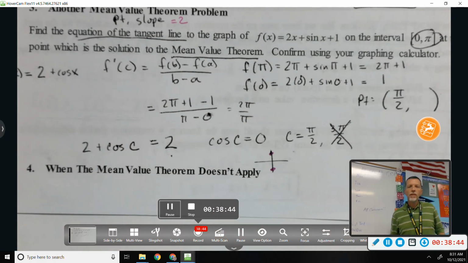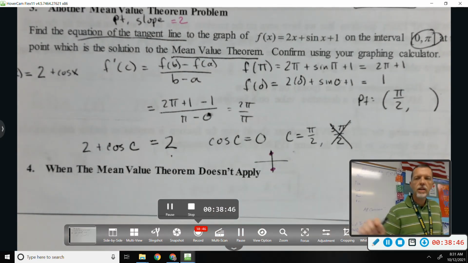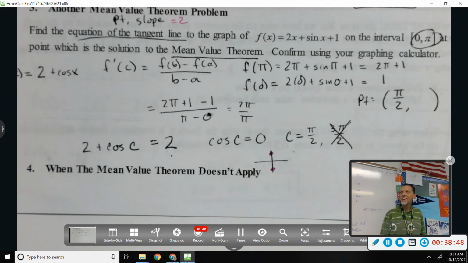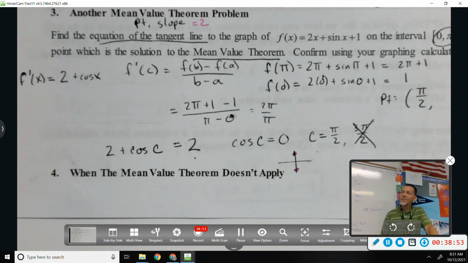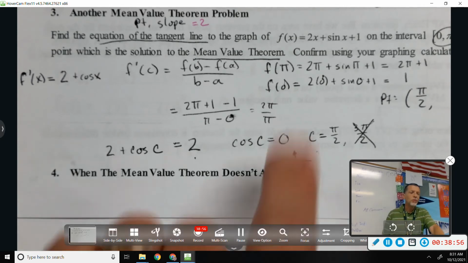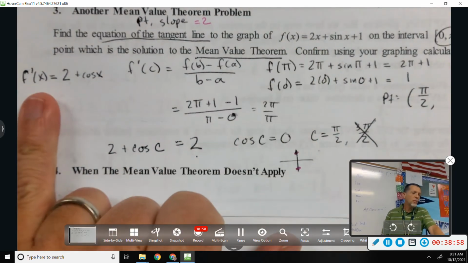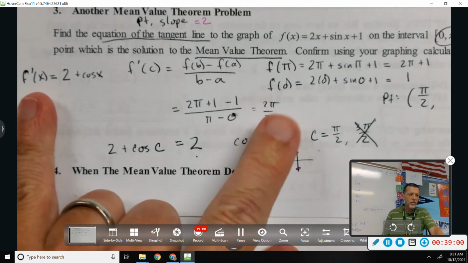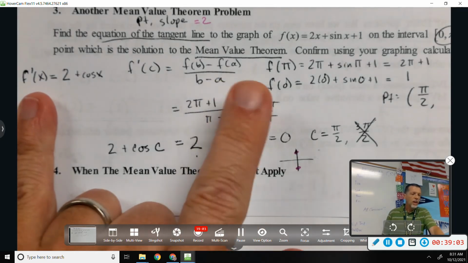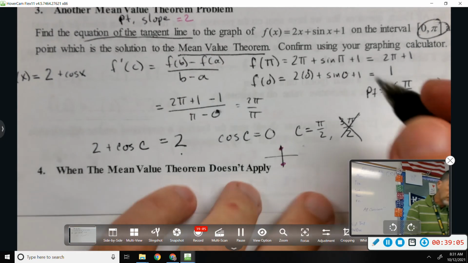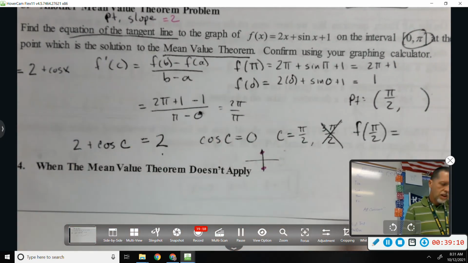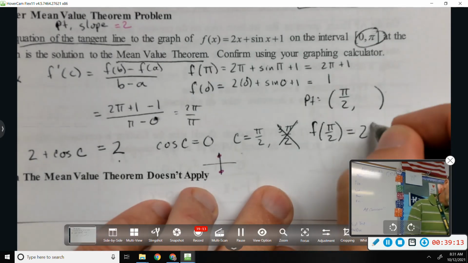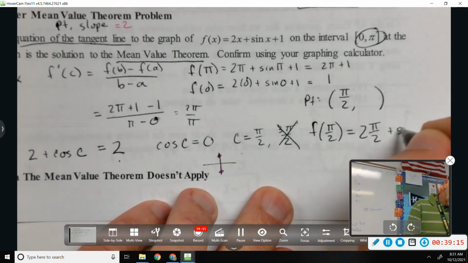How will we get the y value of our point? Just plug it in. Although, plug it in where? Good, into the original f of x. If I plug it into f prime, I'm going to get its derivative, which should be 0, because that's what we just found. And so I need to find f of pi over 2. So 2 times pi over 2 plus sine of pi over 2 plus 1.